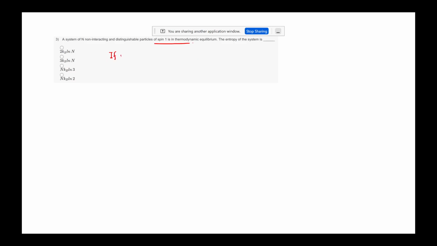If you have spin equal to S, then the degeneracy G is equal to 2S plus 1.